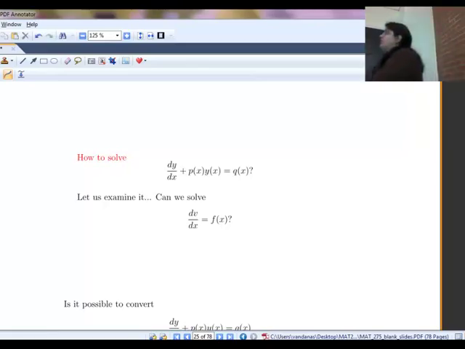I want to convert my left hand side into dv over dx, and whatever will be left on the right hand side will be my f(x). If I am able to convert it into this form, it will be separable, right? Then you can solve it. But the mystery here is how to find this v, and what is this v?